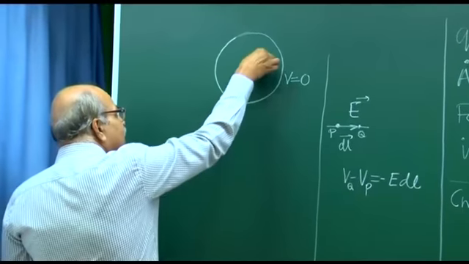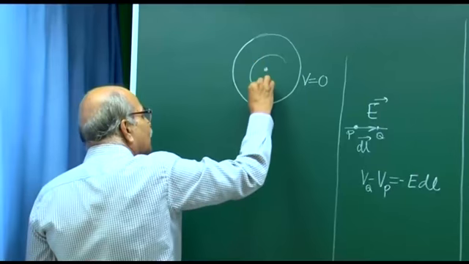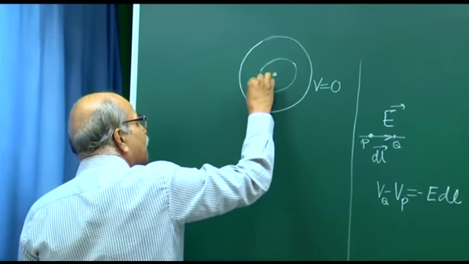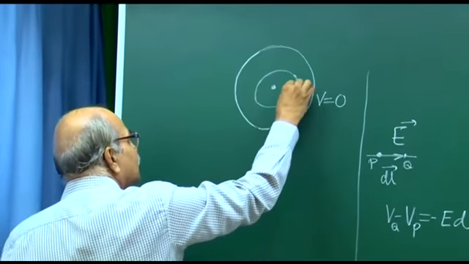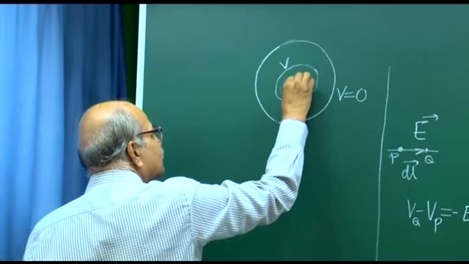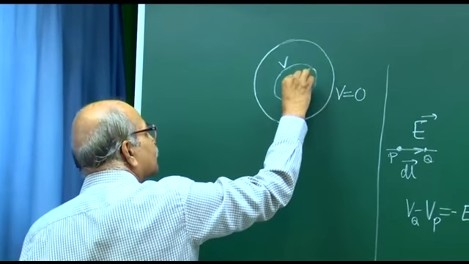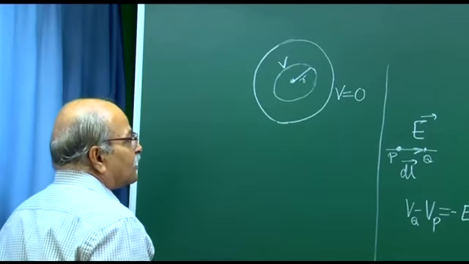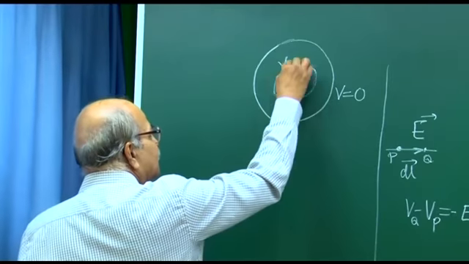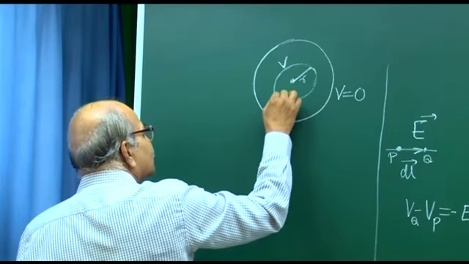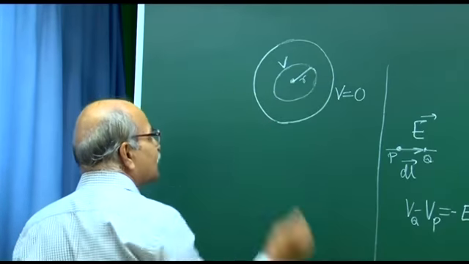And then I have a circle. What I find is that on every point on this circle, the potential is the same. If this distance is r, you can ask what is the potential V at this distance r, no matter in which direction. These potentials are all the same.